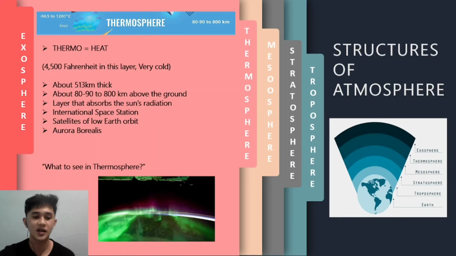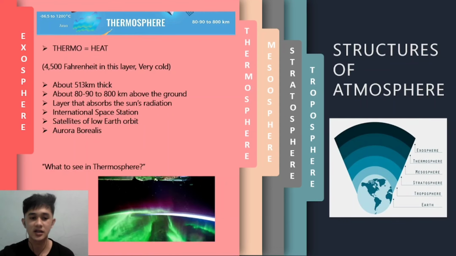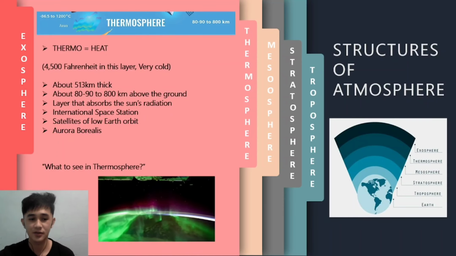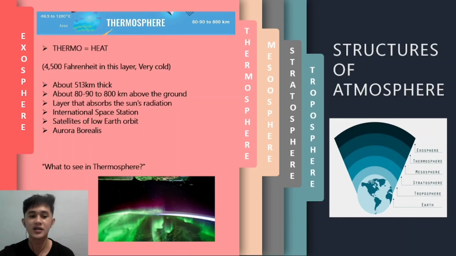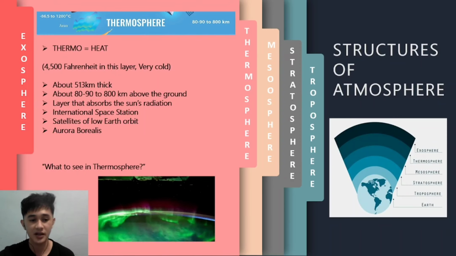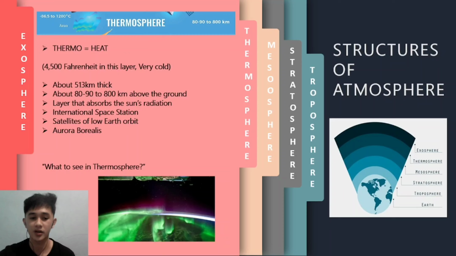This layer is also one of the layers na nag-absorb ng sun's radiation. Yung 4,500 Fahrenheit is dahil yon sa sun's radiation, dahil ina-absorb nga. Dito rin makikita natin yung International Space Station and also the satellites na nag-orbit sa low part ng Earth.